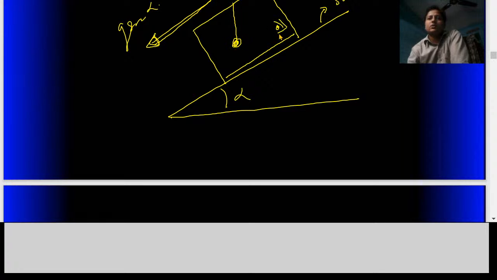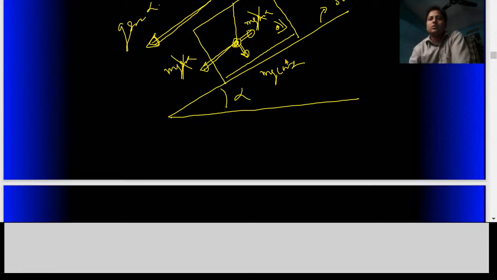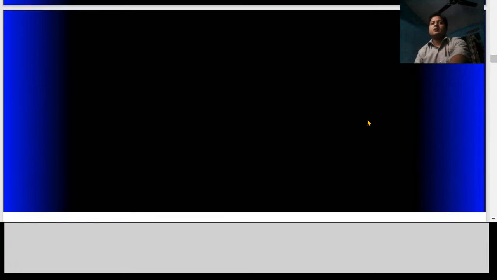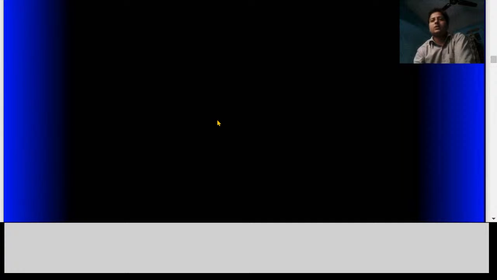For an observer inside the frame, they will apply a pseudo force mg sine alpha, and the weight component is already mg sine alpha and mg cos alpha. So mg sine alpha gets cancelled. The only force generating tension is mg cos alpha, and that is perpendicular to the plane of the incline.